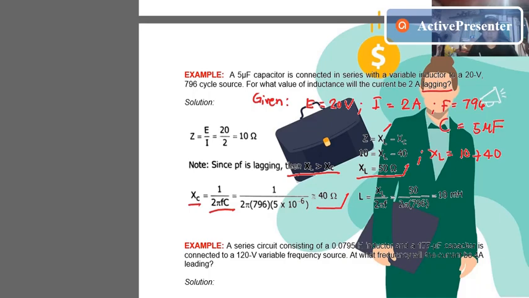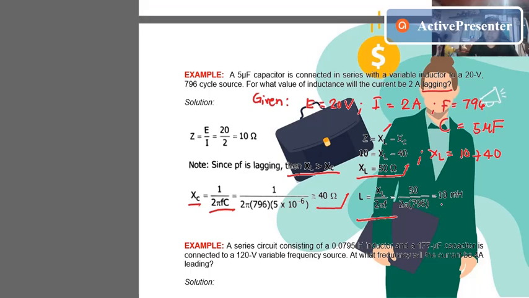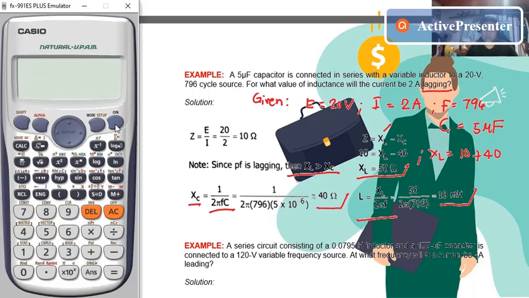The formula for the value of inductance is XL divided by 2 pi F. This XL is 50 ohms divided by 2 pi F, where F is 796 cycles per second. So the answer will be 9.997, or approximately 10 millihenry. It is very easy if you have memorized the formulas. So let's proceed to our second example.